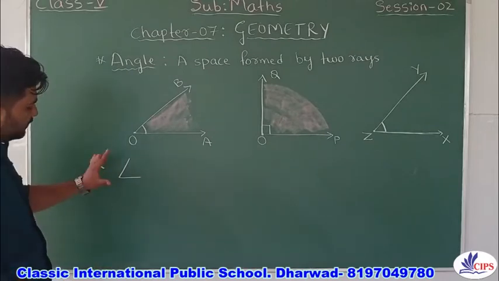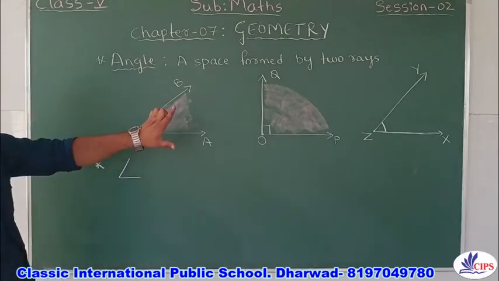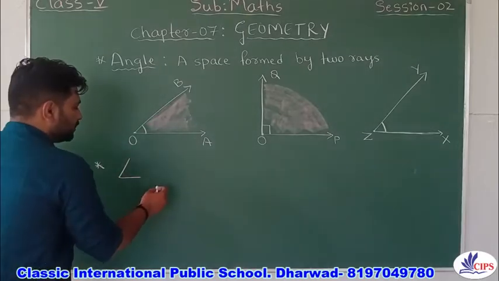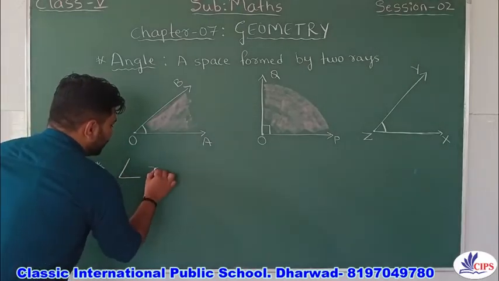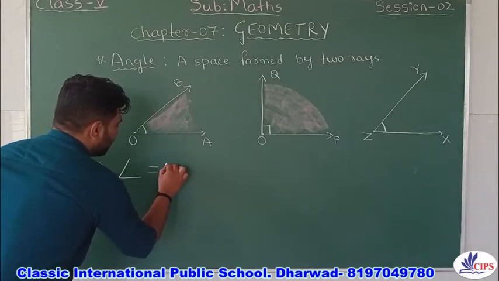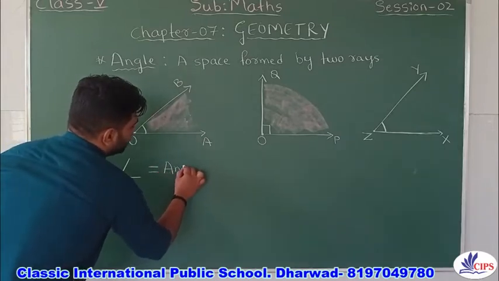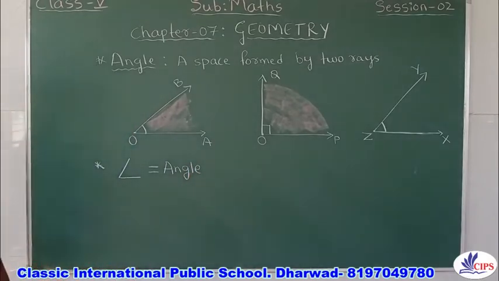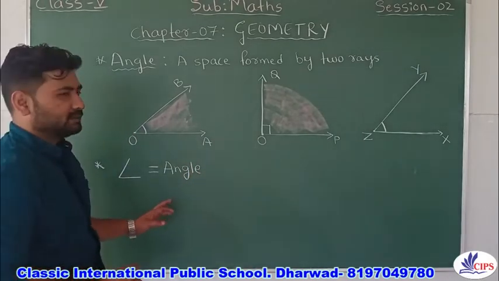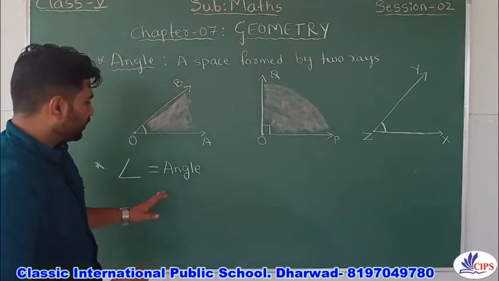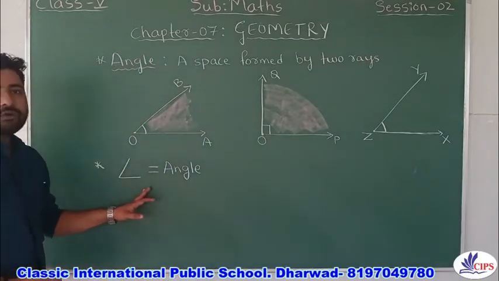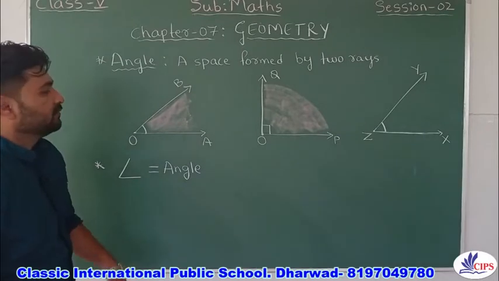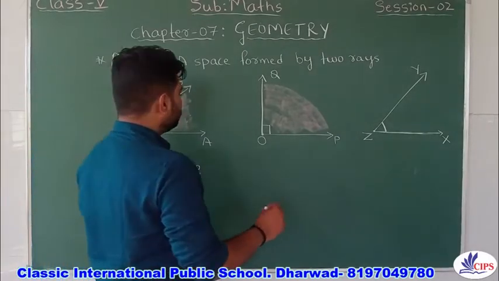It looks like this. This symbol is read as angle. This is the symbol, or the indication. So everywhere we are not going to write the word angle. Instead, we write this.